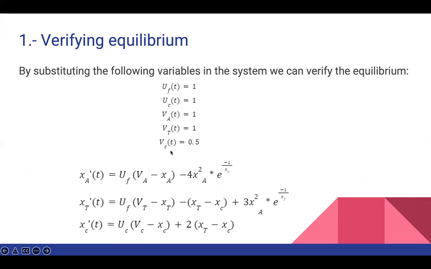These equations represent the derivatives of the concentration of A, the temperature, and the cooling water state variable. To see if the system is in equilibrium, the derivatives need to be 0. To check this, we substitute the given values into the equations and make some calculations.